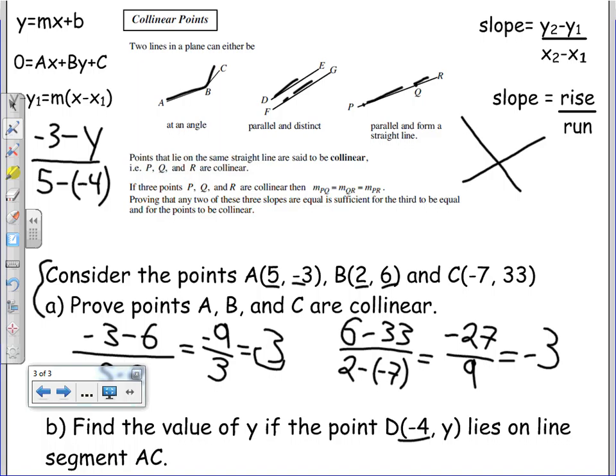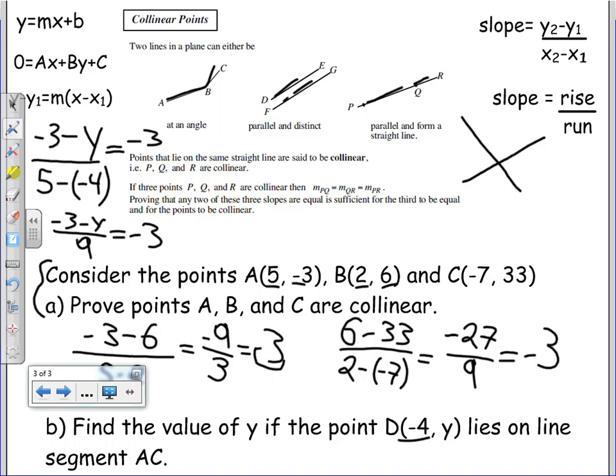If that point is going to lie on that same line, this slope has to equal -3. If it doesn't, then it doesn't work out. So we need to figure out a y that makes sense. On top is -3 minus y, on the bottom we should have 9, and it's all equal to -3.